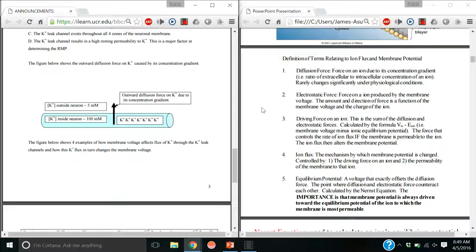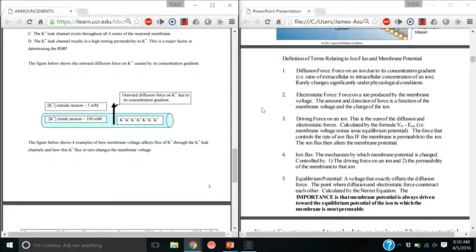Under this condition, the diffusional force, represented here by an arrow, considered alone would cause potassium to leave the neuron. So there would be an efflux of potassium.